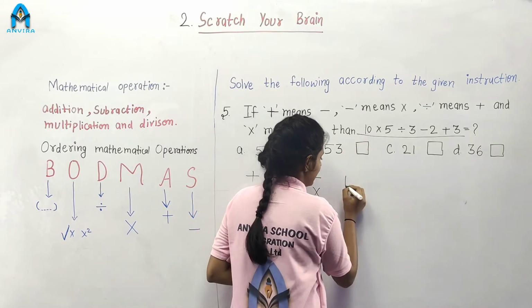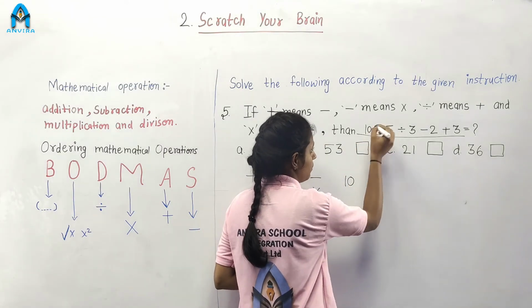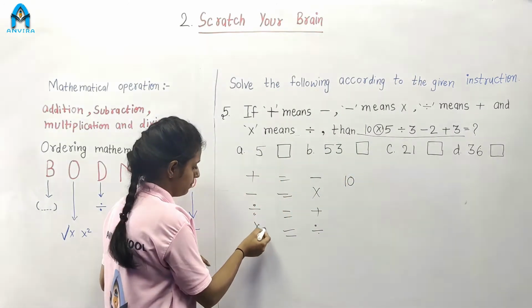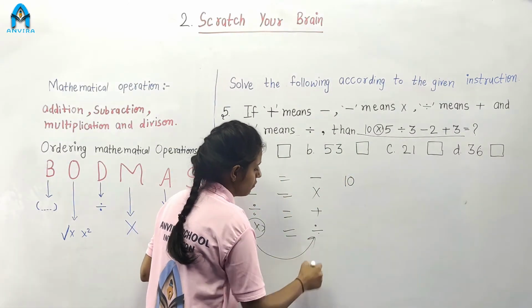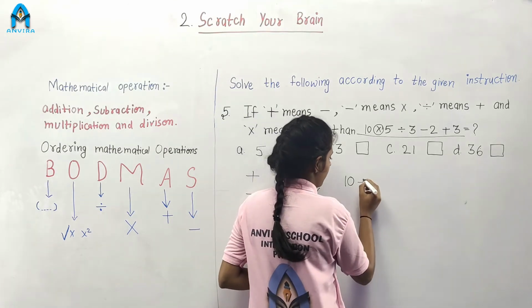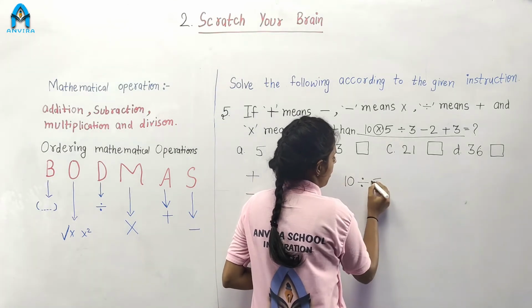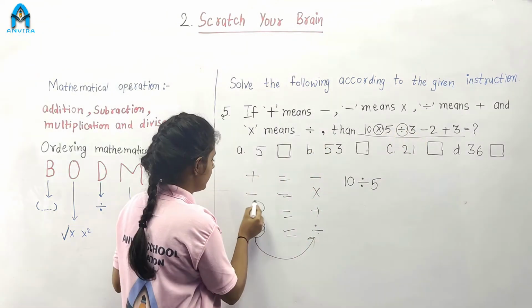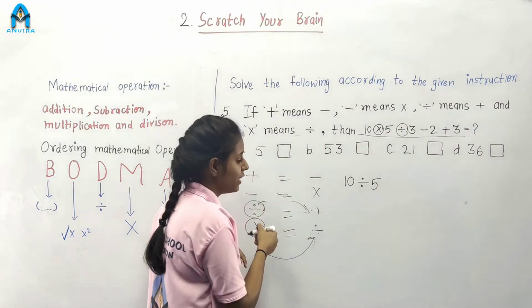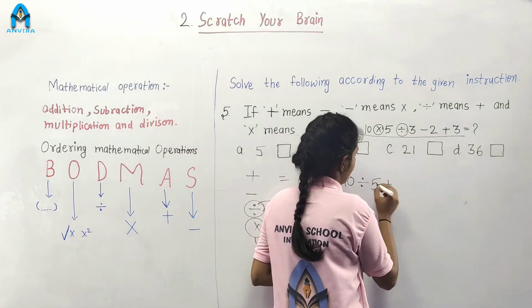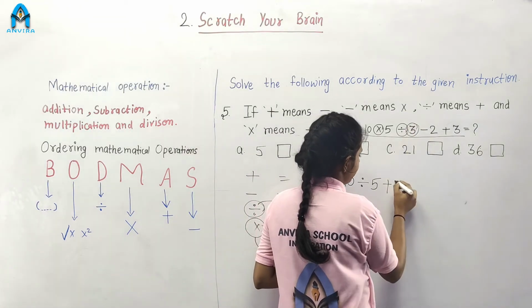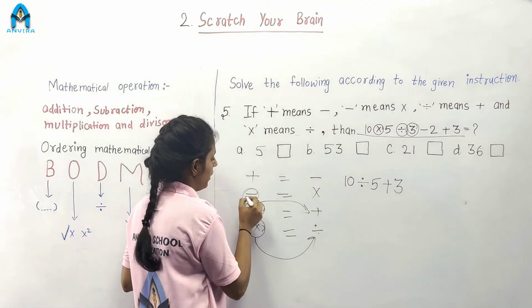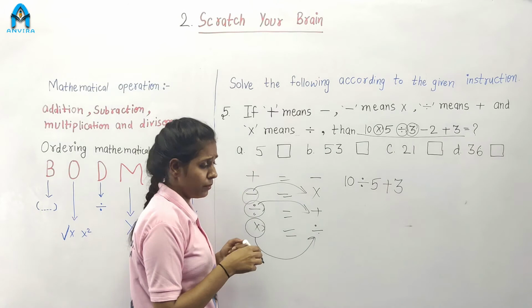So 10, multiplication here. So we have to change it with divide. Next is number 5, divide. Divide stands for addition, and number 3, then minus stands for multiplication.